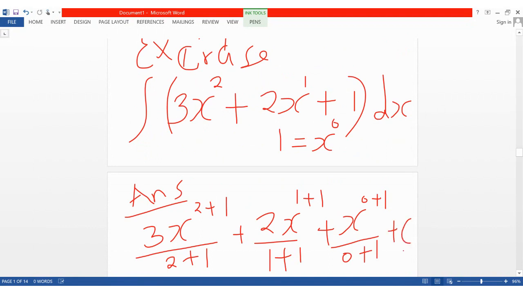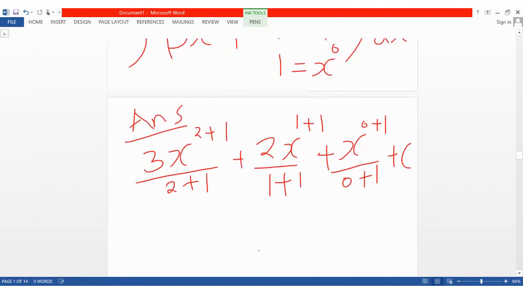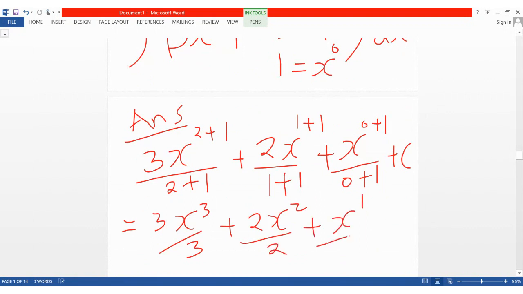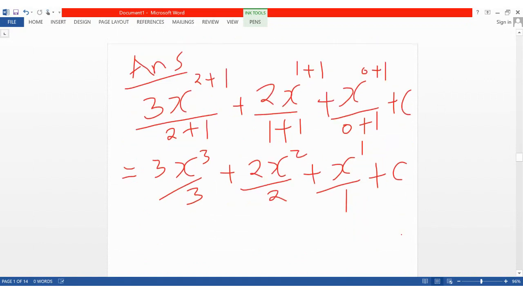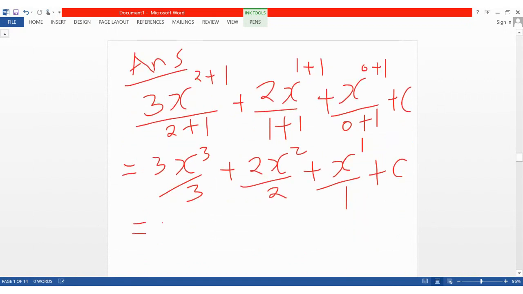The answer is 3 x to power 3 all over 3 plus 2x squared all over 2 plus x to power 1 all over 1 plus c. Simplifying and cancelling, I remain with x to the power 3 plus x squared plus x plus c.